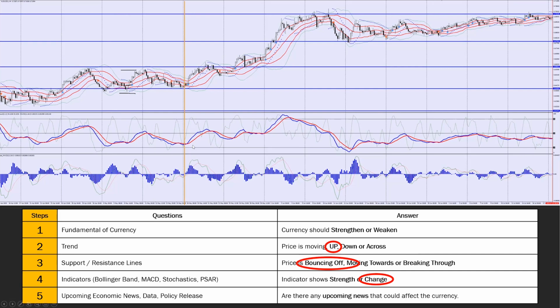The indicators, it's not outside of Bollinger Band, so that's a good one. The fast MACD is showing you a change. The slow one is also starting to show you a change as well. Again, at this point, you could be looking at an entry here, a stop loss here, and a take profit here.